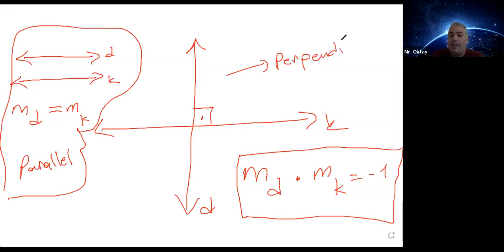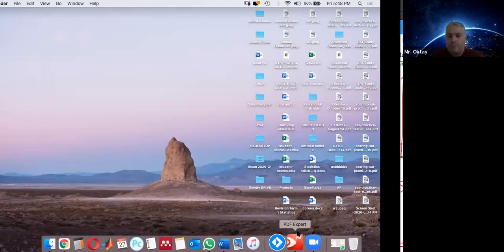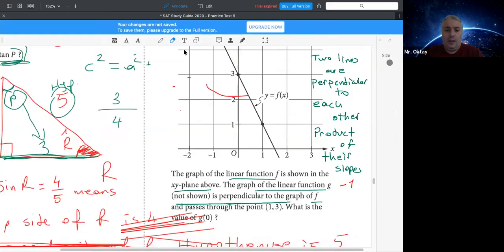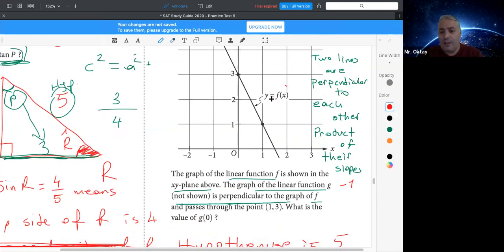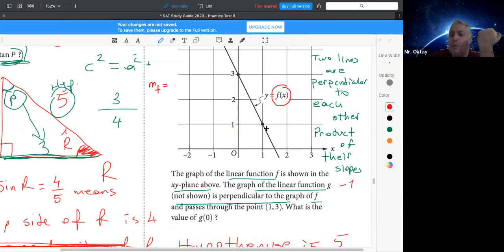Okay, this is now parallel, this is now perpendicular. What does perpendicular mean? The angle between them is 90 degrees. Okay, now let's come back to our question. So this is now function f. Can you tell me what is the slope of function f? Take any two points on the line.